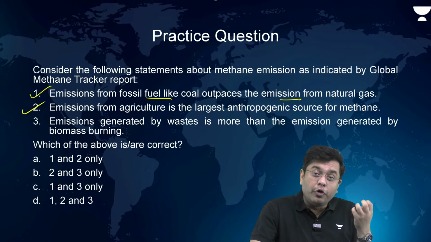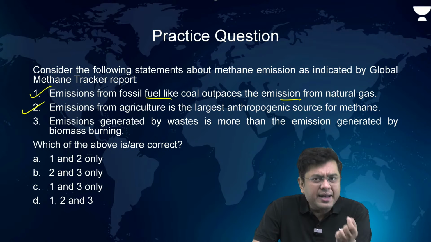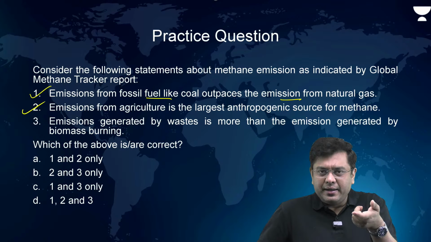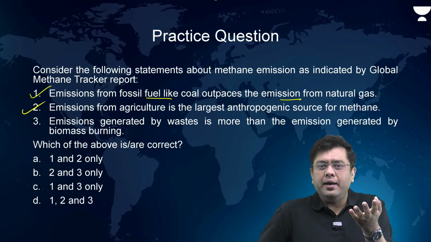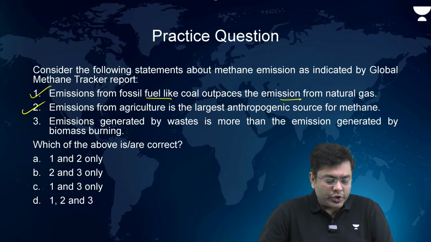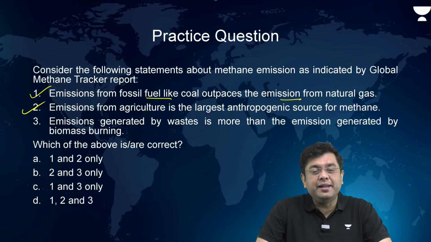So the evaporation of water also leads to production of methane, right? Wherever there is organic product being generated by natural measures as well, along with that a byproduct is methane emission.